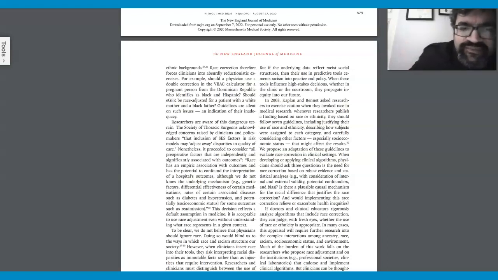For instance, thoracic surgeons acknowledge concerns raised by clinicians and policymakers that inclusion of socioeconomic status factors in risk models may adjust away disparities in quality of care. Nonetheless, they proceeded to consider all preoperative factors that are independently and significantly associated with outcomes. Race has an empiric association with outcomes and has the potential to confound the interpretation of a hospital's outcomes, although we do not know the underlying mechanism.